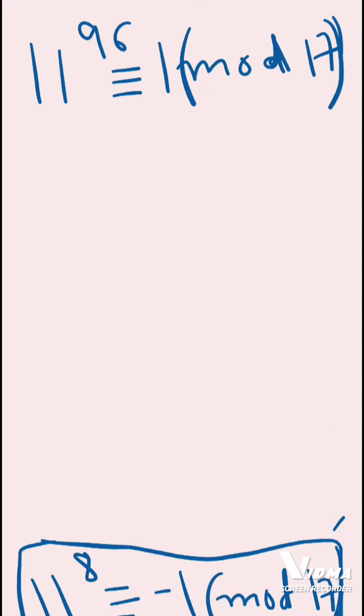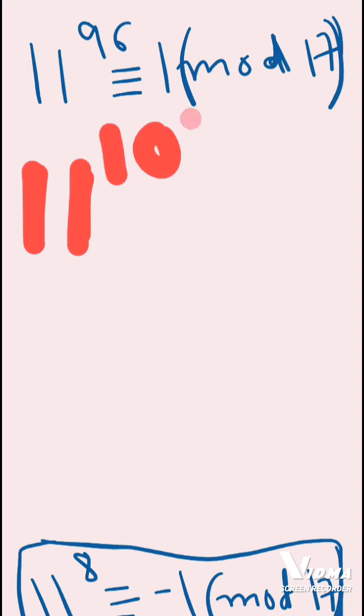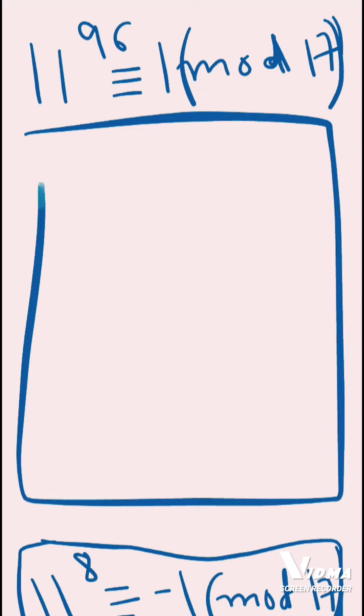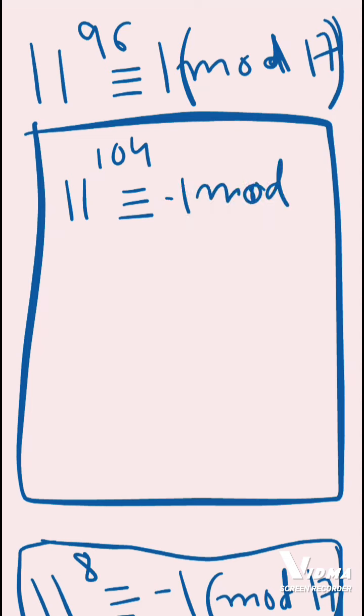Multiplying these congruences, I'm going to get 11 raised to 96 plus 8, it will give me 104. Is it? Yeah, it is. So it will be 11 raised to 104, and on the right side 1 multiplied by minus 1 will give me minus 1, right, under mod 17. And this is what we were to prove.